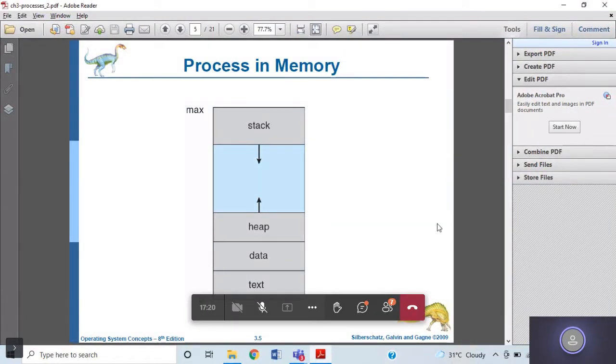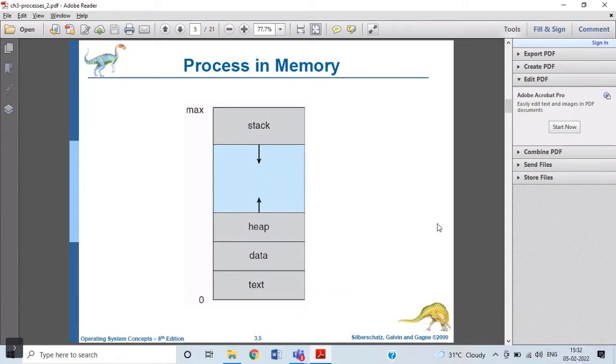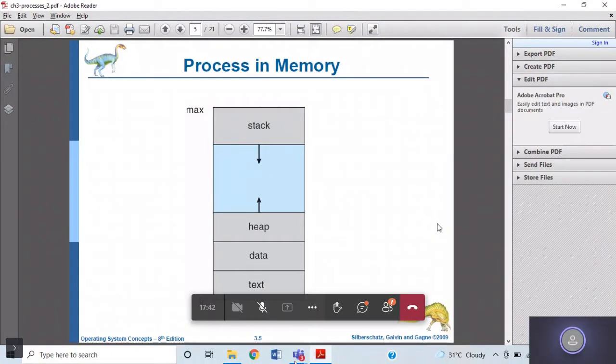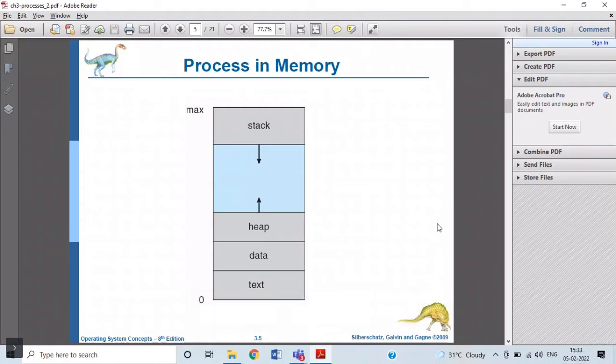Students, can you tell me what you mean by a stack and the heap memory? What is the difference between a stack and the heap memory? Stack means last in, first out. That's a characteristic of a stack. And why do we need a stack and why do we need the heap memory?